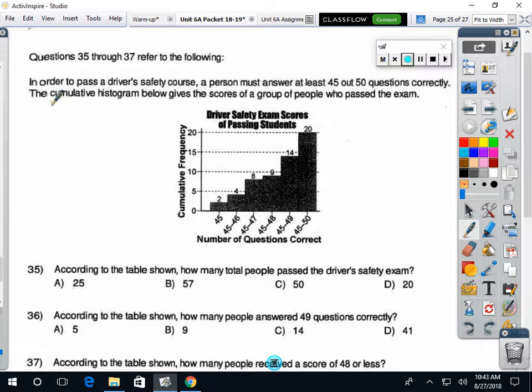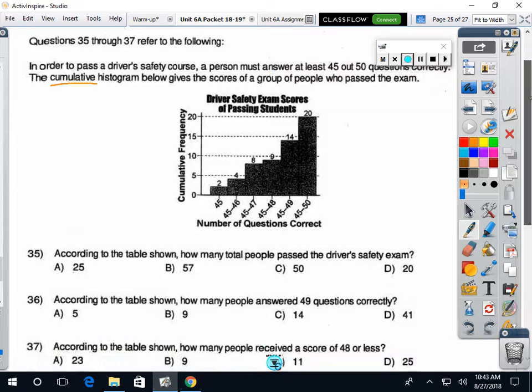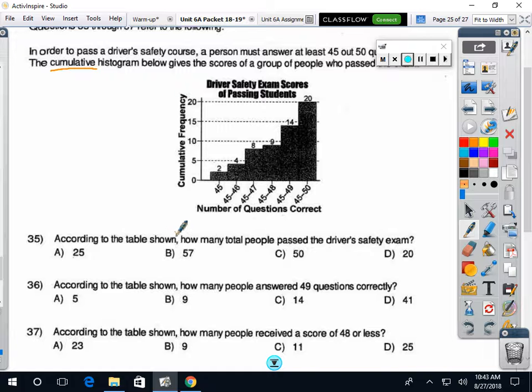The cumulative histogram, keyword cumulative, gives the scores of a group of people who passed the exam. According to the table shown, how many total people passed the driver's safety exam? Correct. Remember, this is cumulative, which means they've been totaling along the way.